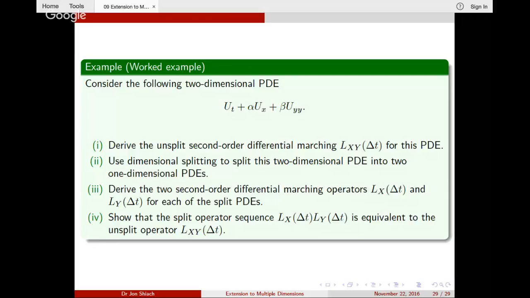That's applied to u. Again, factorize out u. So that gives you your operator in the y direction.